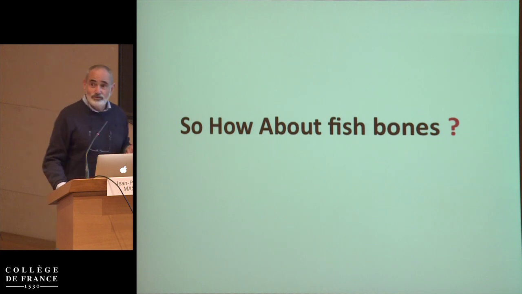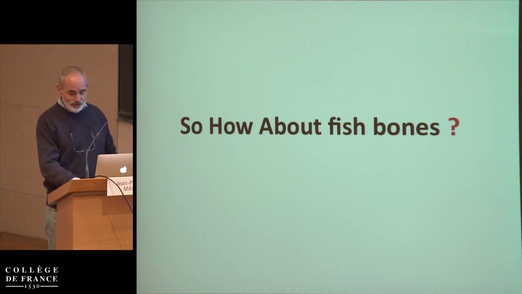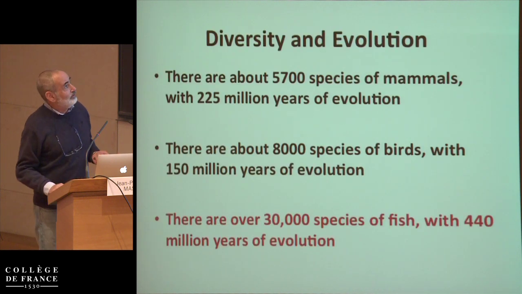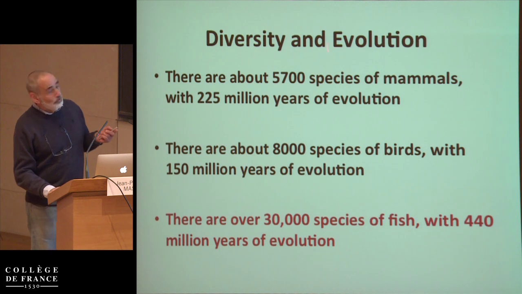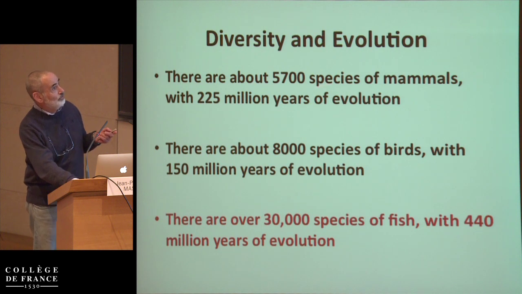So how about fish bone? I've really worked until a few years ago only on mammalian and bird bone, and then I discovered that fish have a lot to say for them in terms of bones. First of all, diversity. We are mammals, that's true, and we are wonderful, but we only have a relatively small number of species and lengths of evolution to have developed.